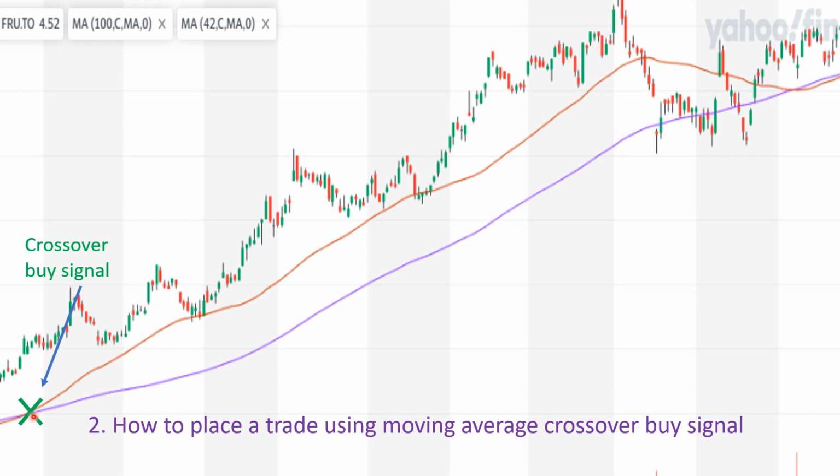In order to enter the trade, you have to go one step lower in time frame instead of D1. You go to the H1 time frame and you find a nice entry. And you put your stop loss 1 or 2 ATR below this crossover buy signal. Now, you can stay in the trade as long as the price is above these two moving averages.